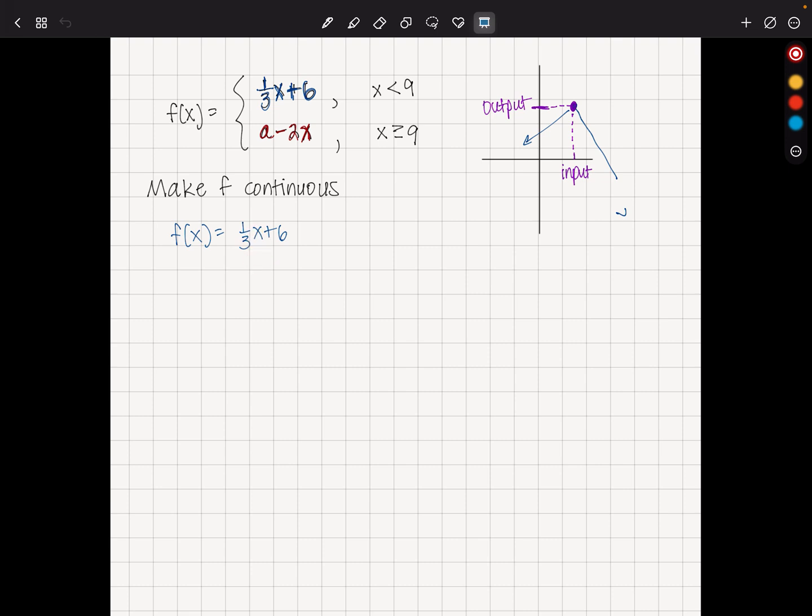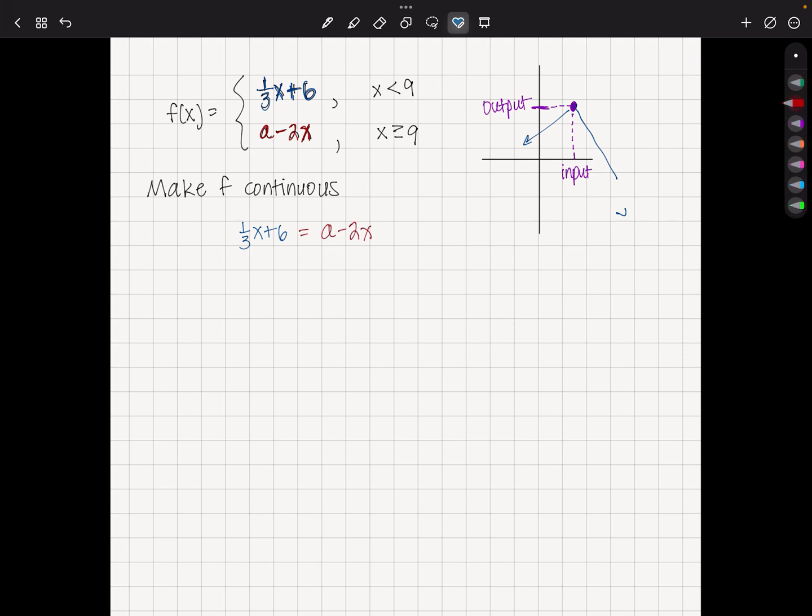So when I put a value in, I do the rule and I get an output. But this 1/3 x plus 6 is a y value. This a minus 2x is also a y value. It's an output. So we want the two to equal each other. We want 1/3 x plus 6 to equal a minus 2x.